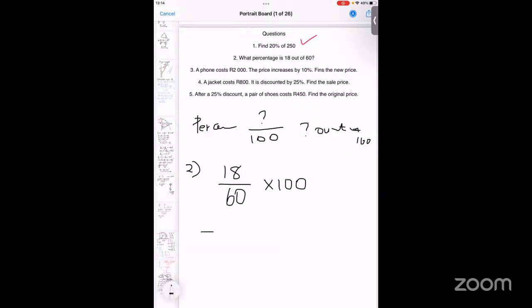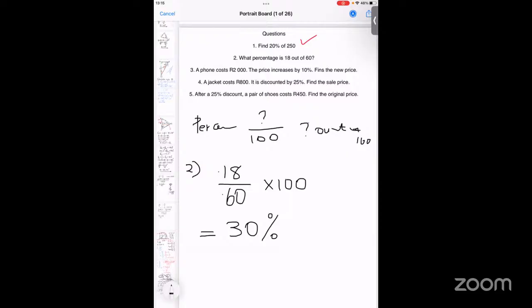So on your calculator, you will say 18 divided by 60, that you multiply by 100, and it gives you 30, but remember to say 30%.